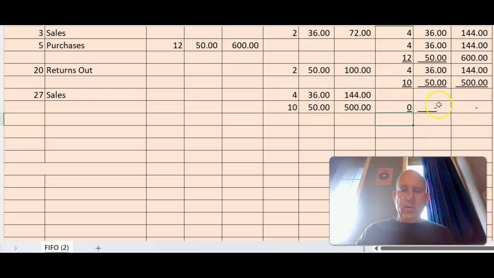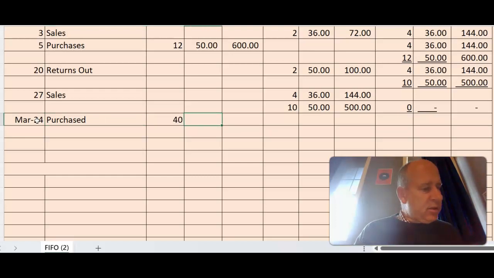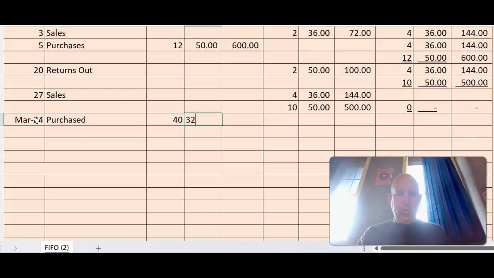When we write our report, this is a problem for us because we don't want to run out of stock. On the 1st of March, we purchased. That's stock coming in, another 40, and the price of these was $32. Way better price for us, perhaps because we ordered in bulk.